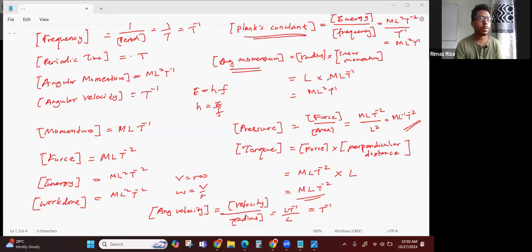In one year's past paper, they asked which of the following has the same dimension as Planck constant. They gave the options: energy, angular momentum, inertia, like that. So the correct answer is angular momentum.